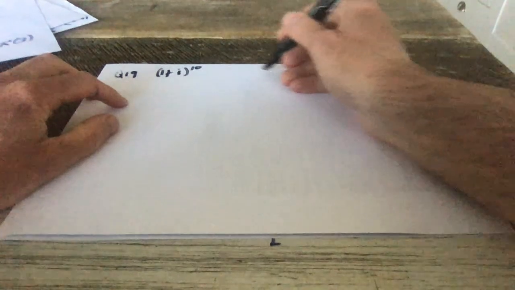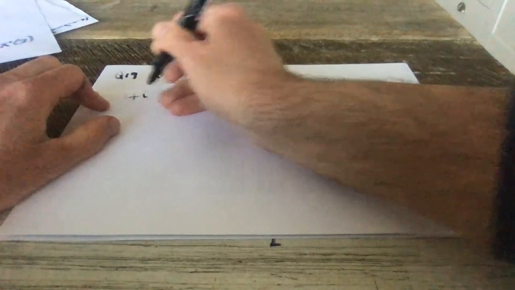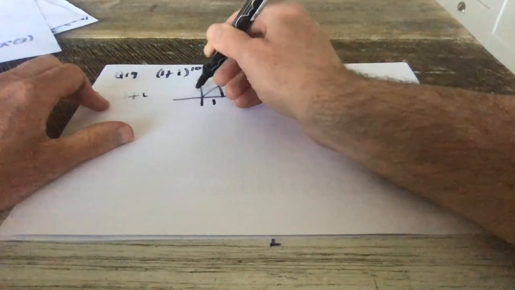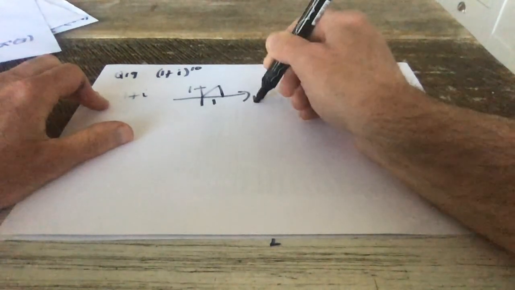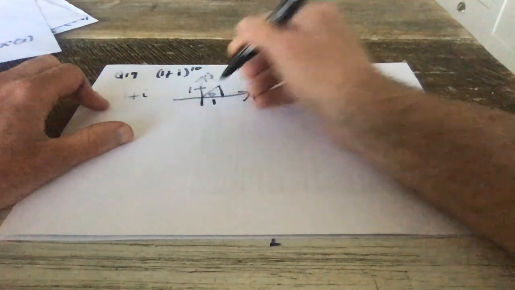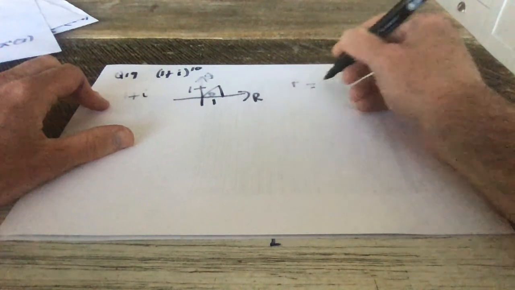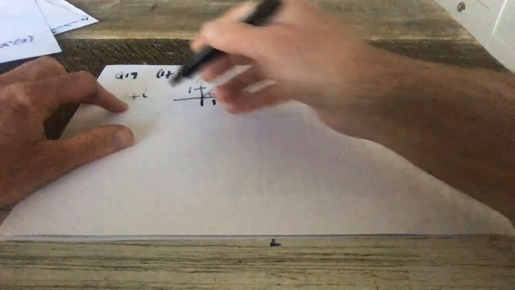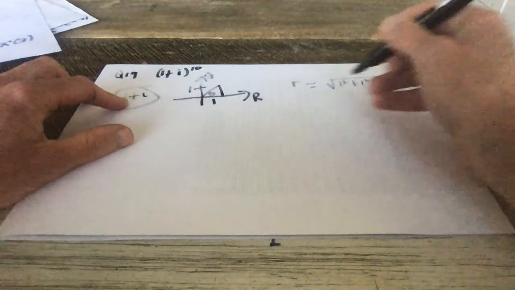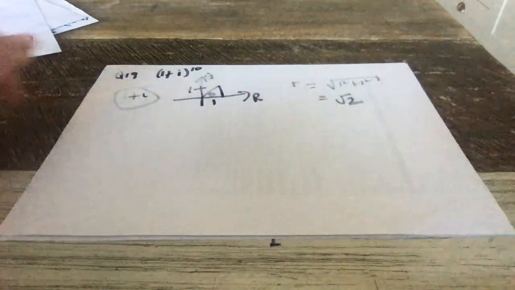So here I'm going to look at 1 plus i first. 1 plus i is 1 along here, 1 along here. Here's the real part of z, and here's the imaginary part of z. And this is theta. So r is the square root of 1 squared plus 1 squared, which is the square root of 2.